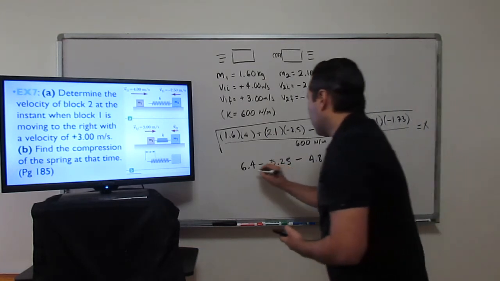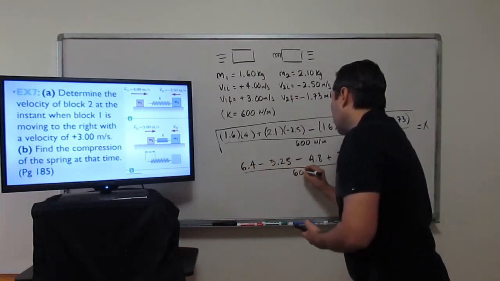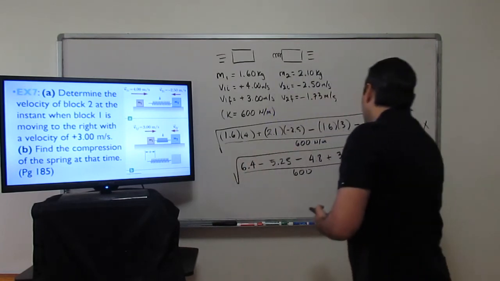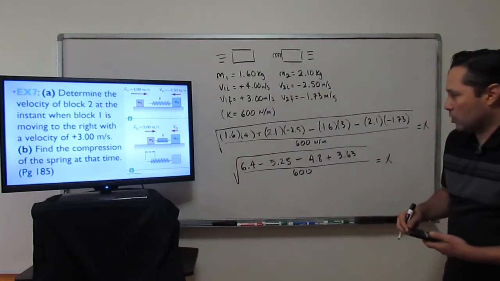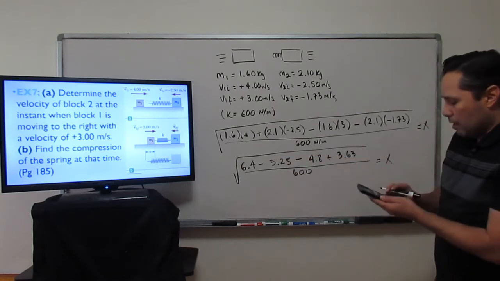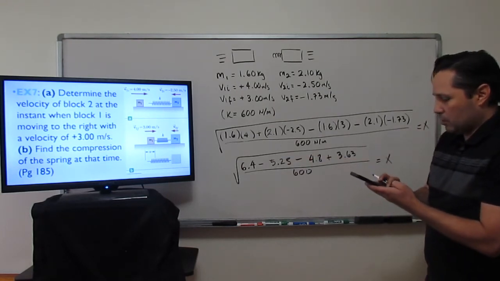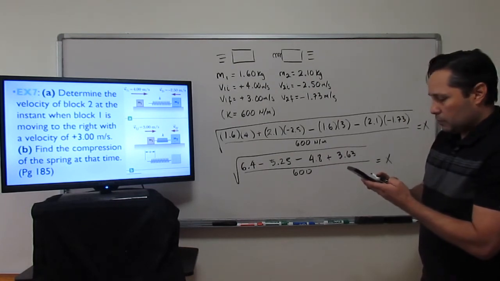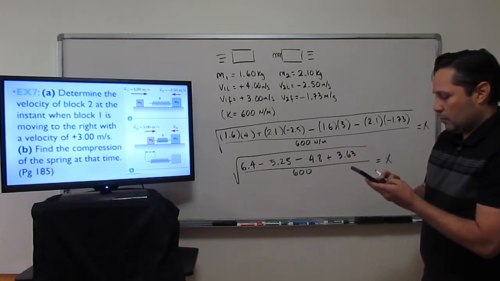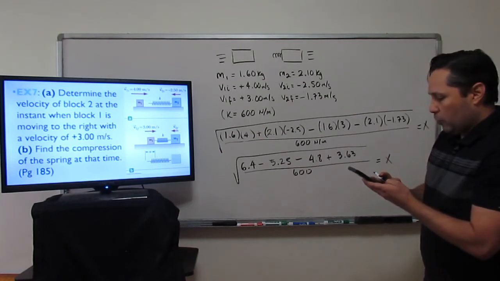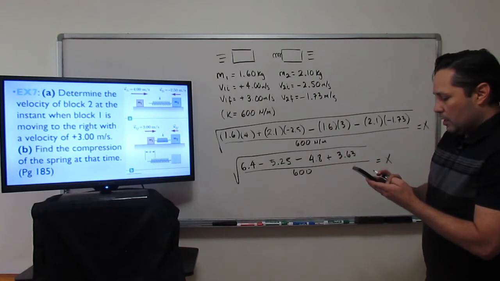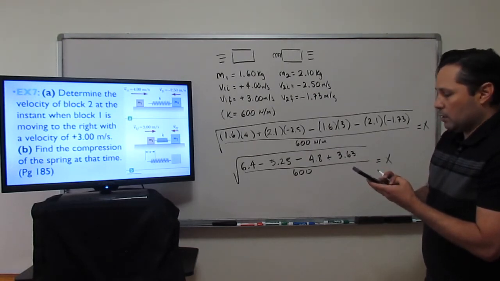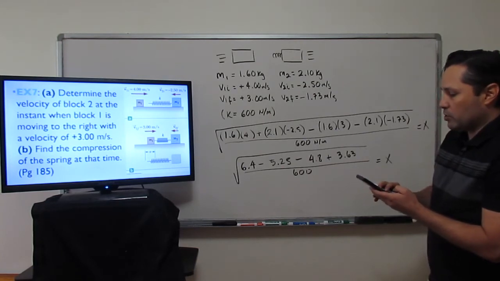Alright, all of this is divided by 600, and we have to get the square root of it. That's going to give us the compression of the spring. I'm going to put together the numerator, 6.4 minus 5.25 minus 4.8 plus 3.63 gives me negative 0.02.